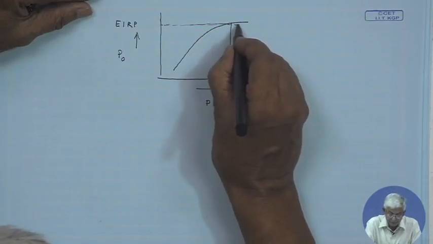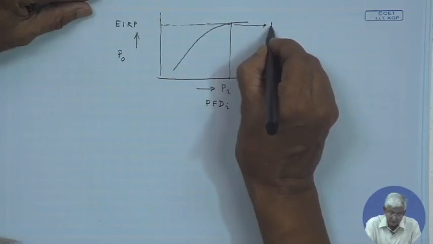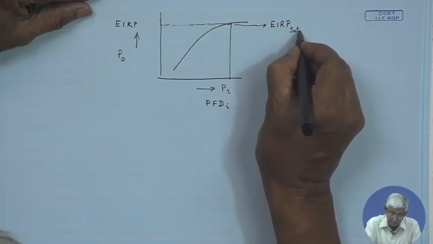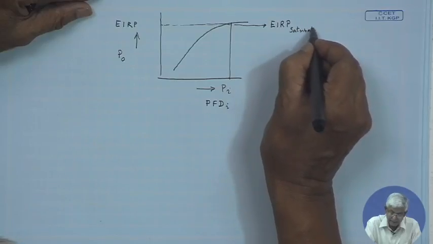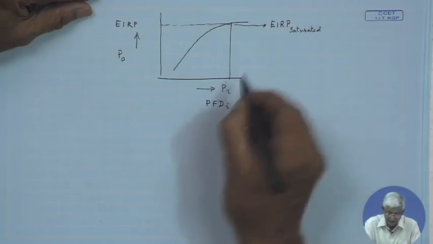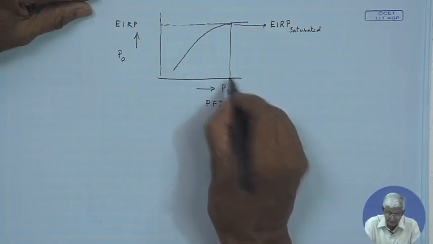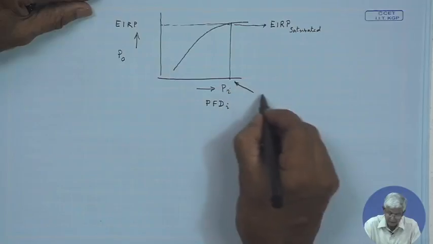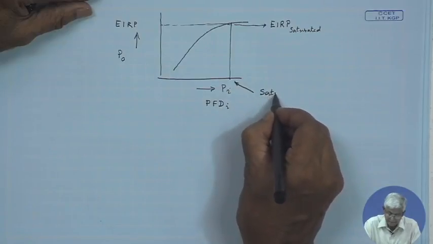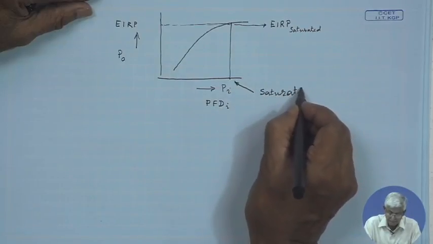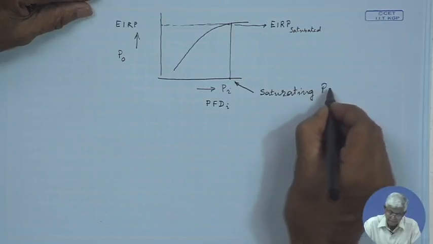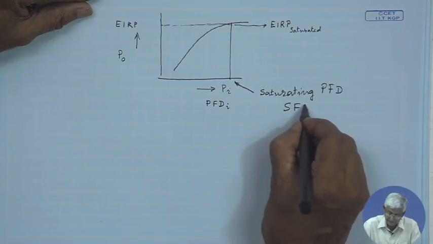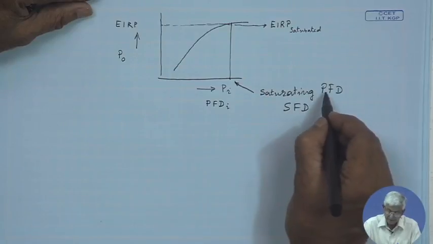So, this point we can call EIRP saturation, or saturated EIRP, and this point, correspondingly, the input which is saturating, we can call saturating PFD, or in short SFD, saturating power flux density.